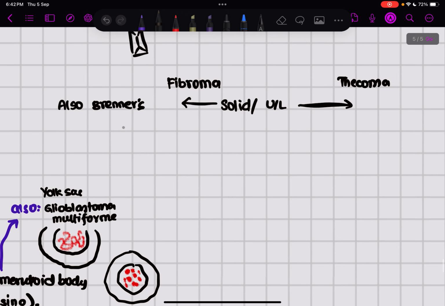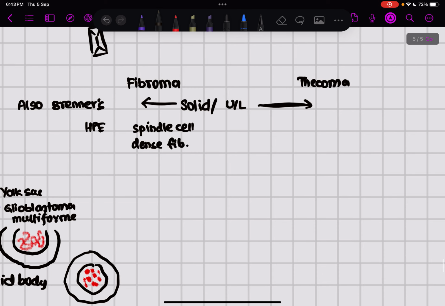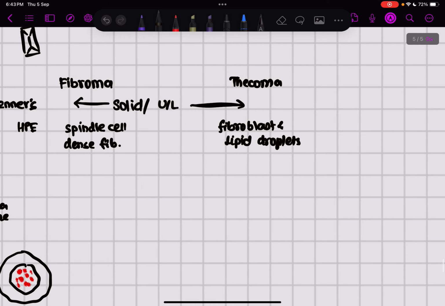Histopathological examination shows spindle cells and dense fibrous tissue in fibroma. Thecoma has fibroblasts and lipid droplets, which is nothing but vacuolated cells.